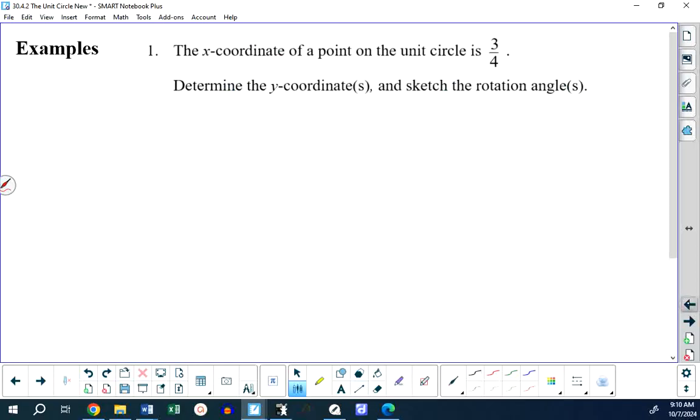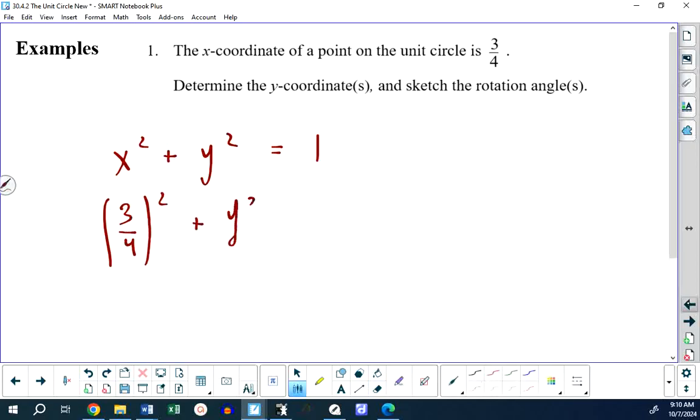So what are the y coordinates? Well, x squared plus y squared equals r squared. But it's the unit circle, so r is 1 and r squared is 1. We can put the 3/4 in for x. So y squared will equal 1 minus 9/16.